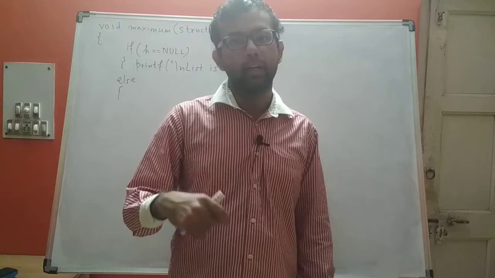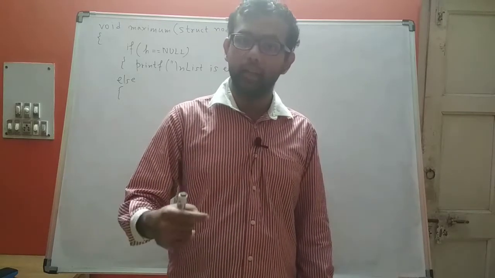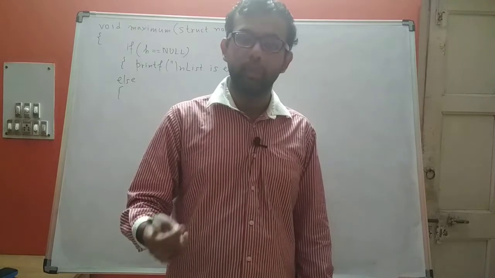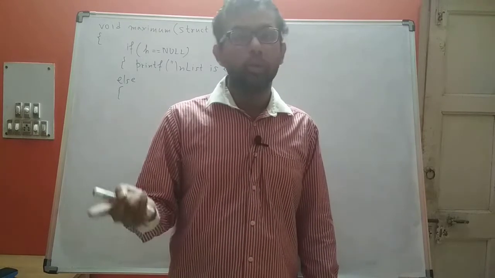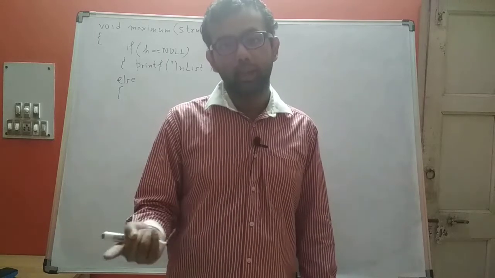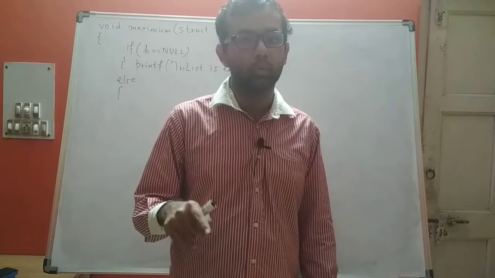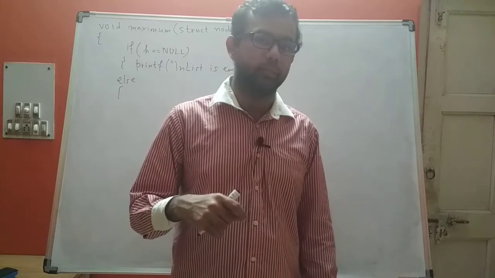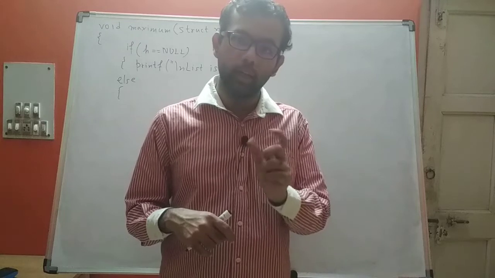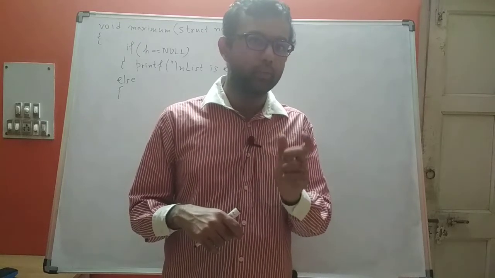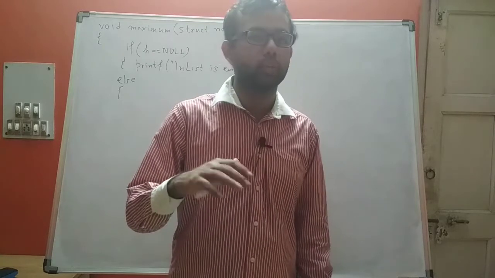If I find the data part of a node to be greater than my assumed maximum, then I'll change my assumed maximum to be the new maximum. And what is this new maximum? This new maximum is the data part of the node which I'm currently accessing. Just pause the video for a moment and rewind the last 30 to 40 seconds and watch it 2 or 3 times what I said. Then I think the logic will be clear to you.